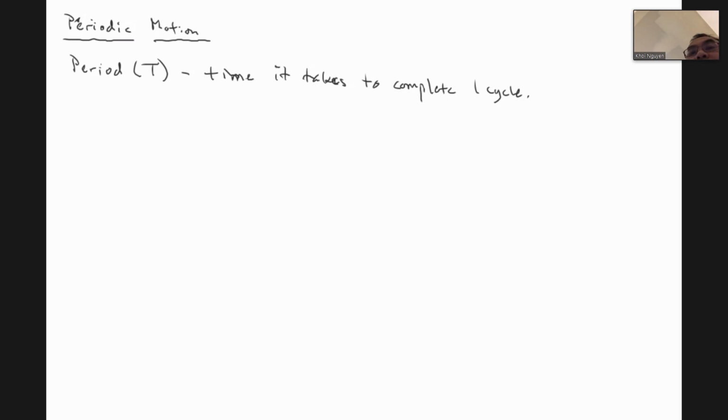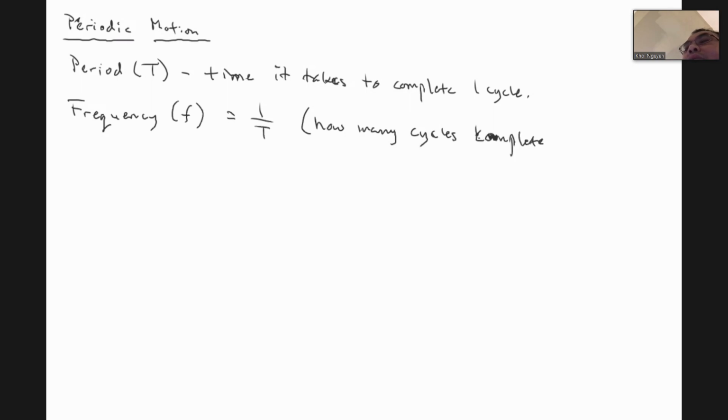The other thing we need to know is the frequency. How often do we do these periods? So frequency, lowercase f, is 1 over the period, and it simply states how many cycles completed per second.